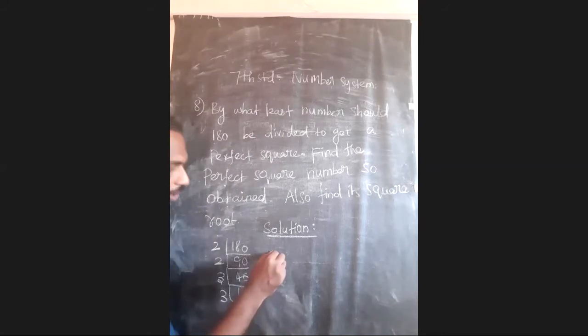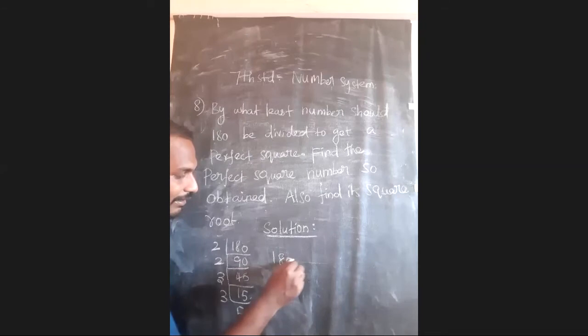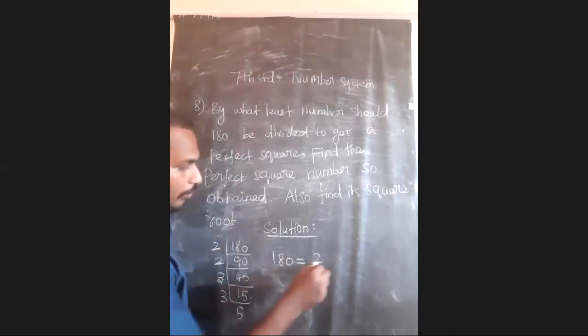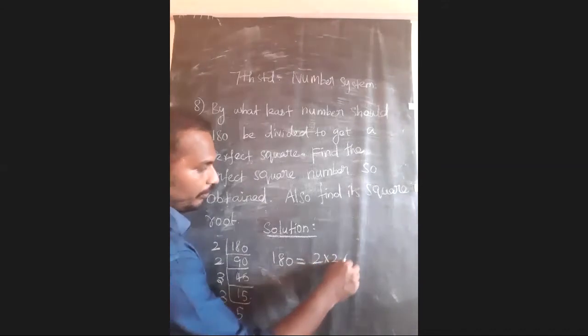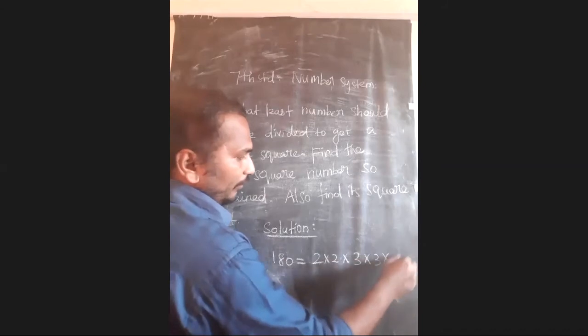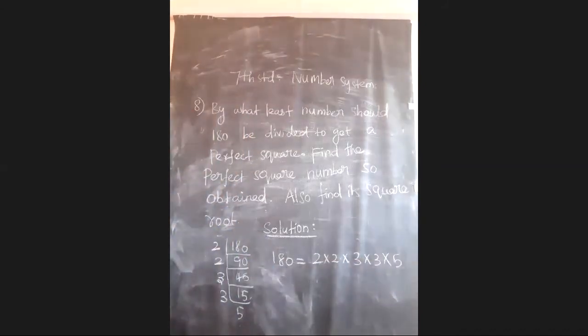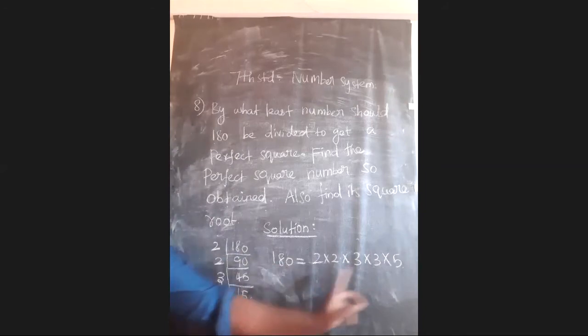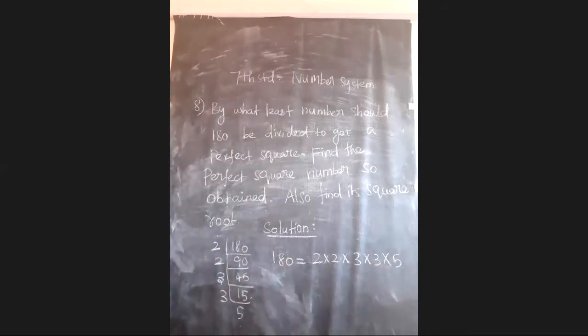So we can write 180 is equal to 2 into 2 into 3 into 3 into 5. So this is the prime factorization of 180.